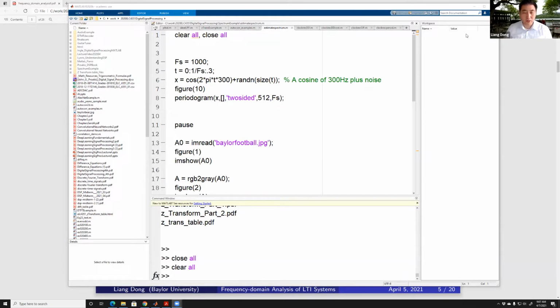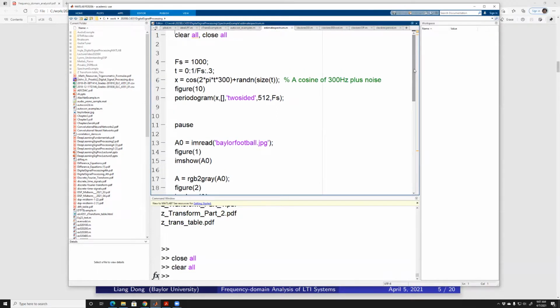So we need to look into the help file and get familiar with all these tools. Some of those come from the signal processing toolbox, from the optimization toolbox. So we will use that.